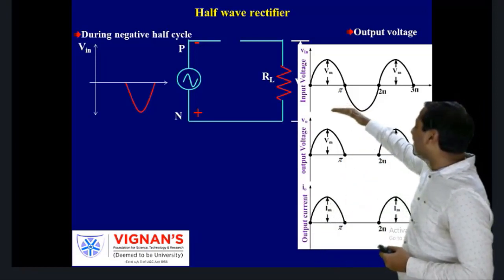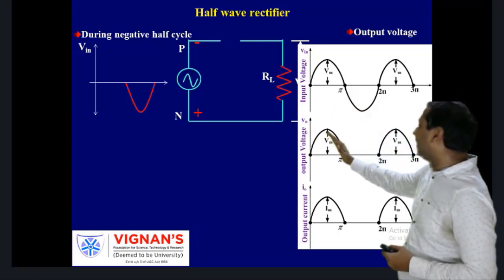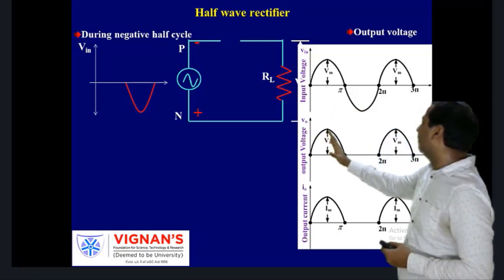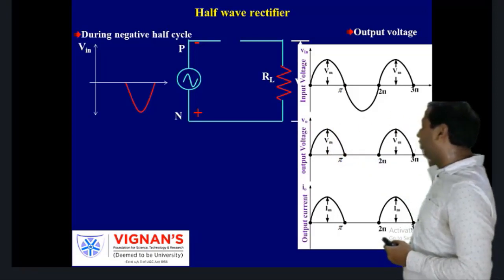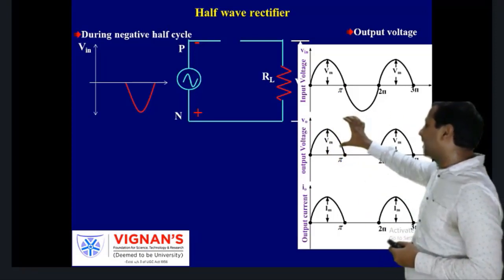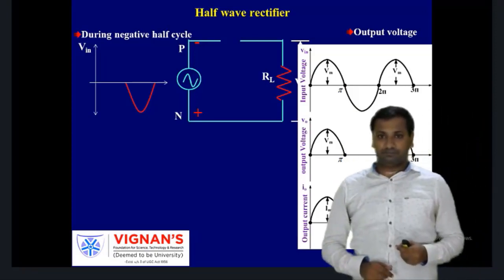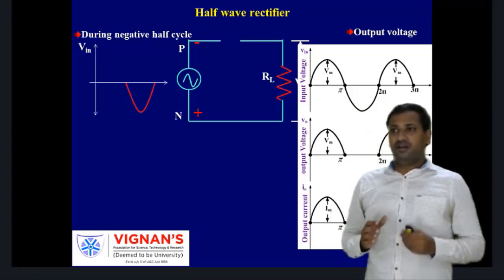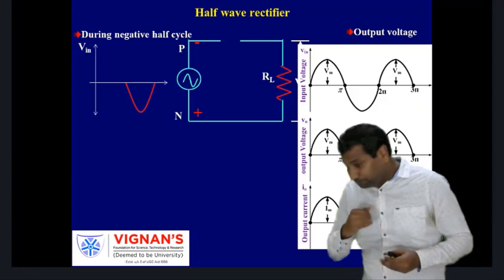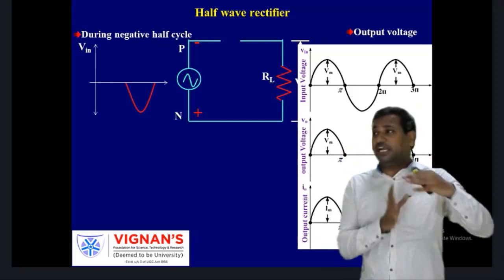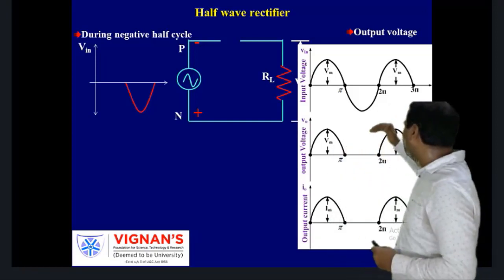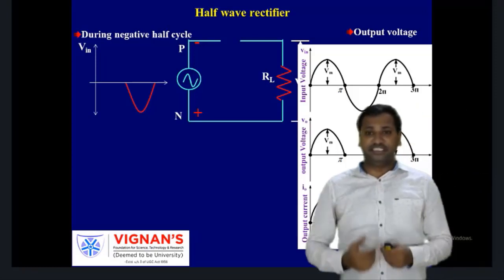So this waveform gives us a clear idea about how the half wave rectifier rectifies the given input AC voltage to an output DC voltage. The conversion happens only in the positive half cycle of the circuit. During the negative half cycle, there is no output voltage; that means it is zero.